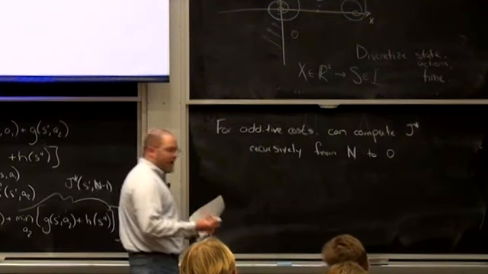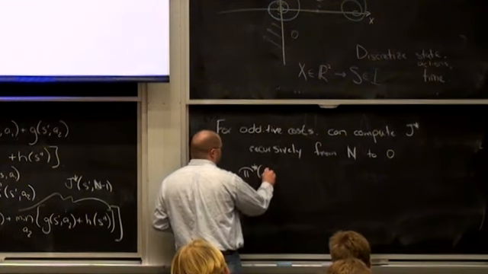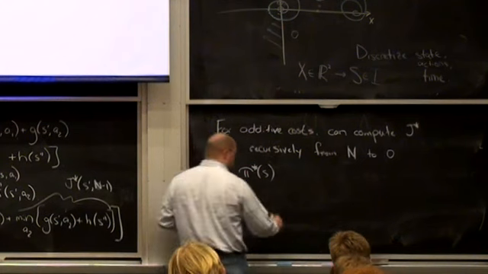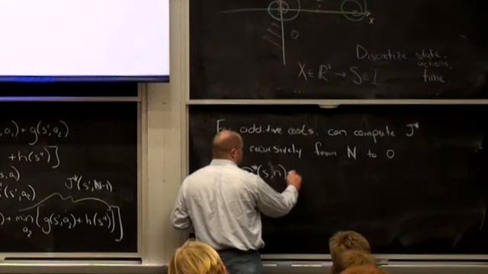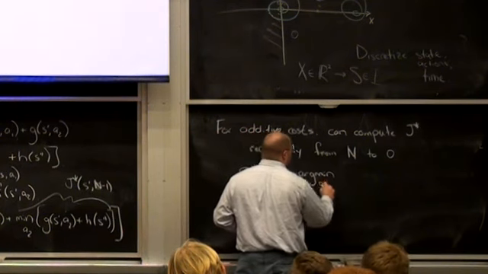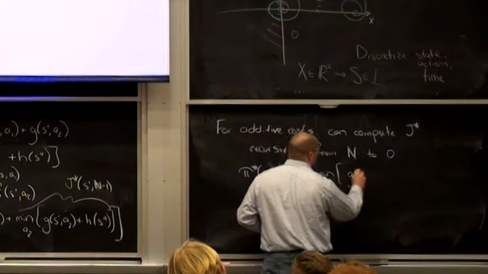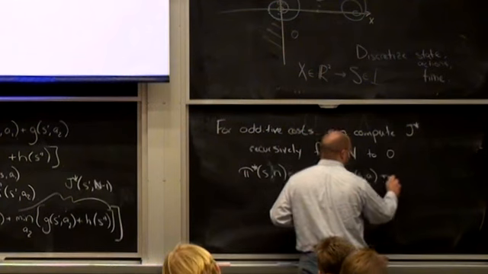And the optimal action, the optimal policy, which I want to call pi star, which could in general depend on the time, is just argmin over A. It's the action which minimizes that same expression.